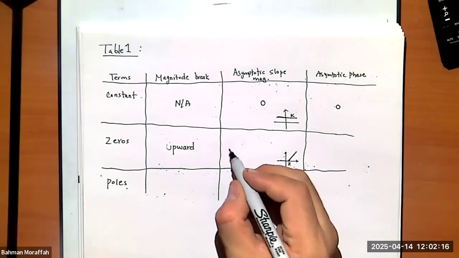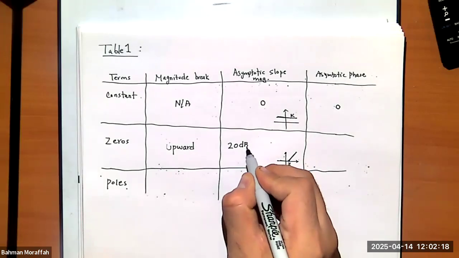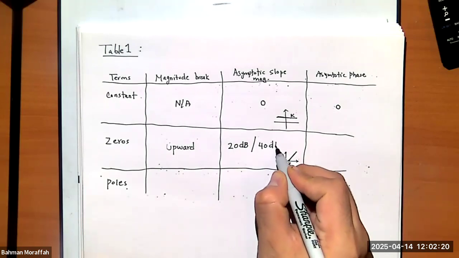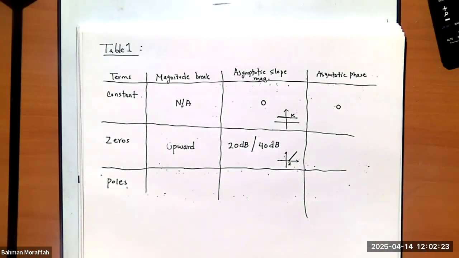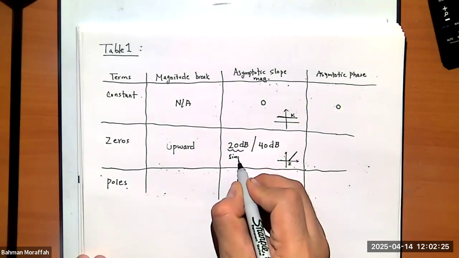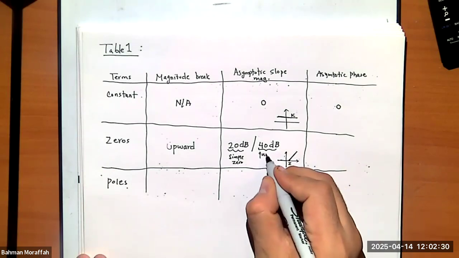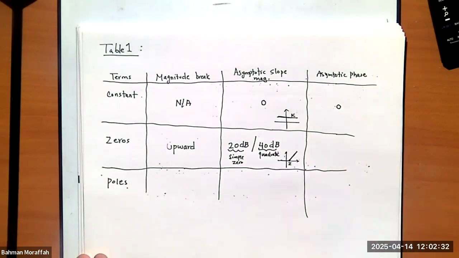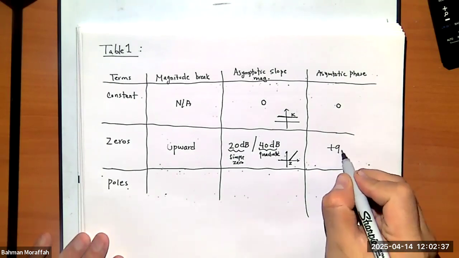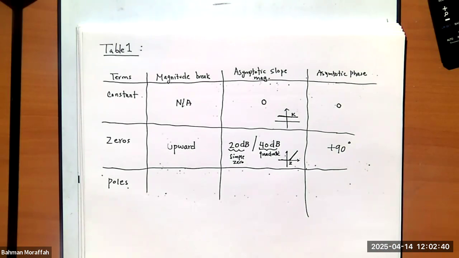And it turns out the slope is either 20 dB or 40 dB. That 20 dB is for a simple zero. The phase is always 90 degrees. This is s plus 1, and s is i omega, and the phase is always 90 degrees.